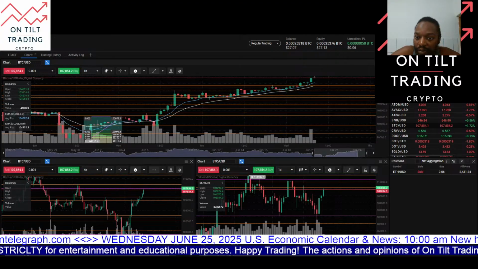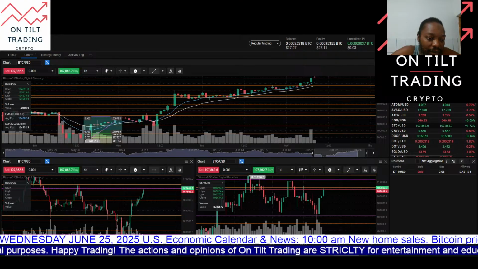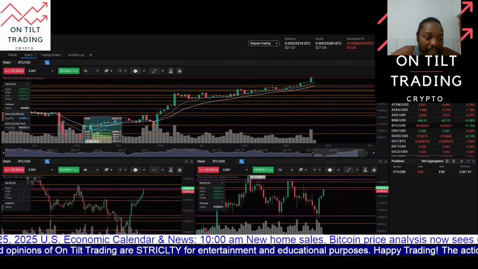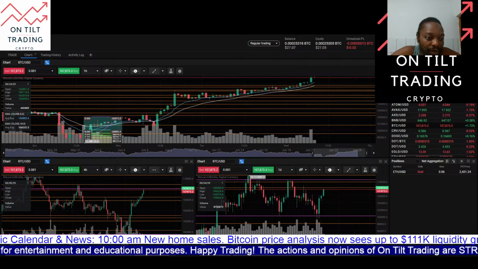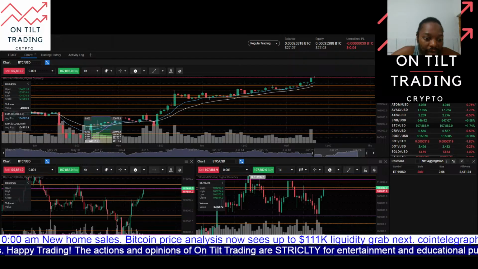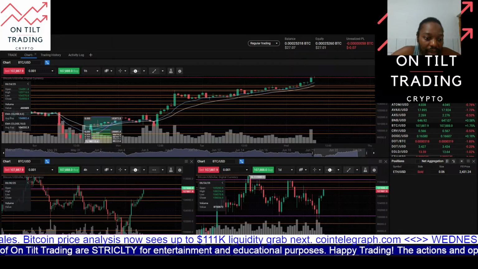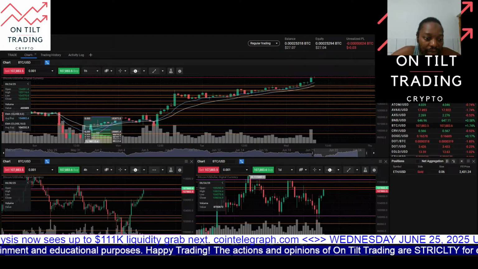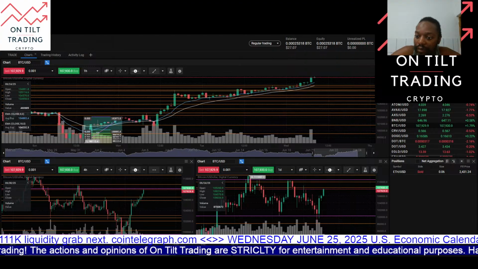The long target, if there was a pullback, would have been this area here, aiming for this buy side liquidity resting above these two candles here, but price never pulled back. You can see here, instead of pulling back, Bitcoin has just gone the other way without pulling back at all.